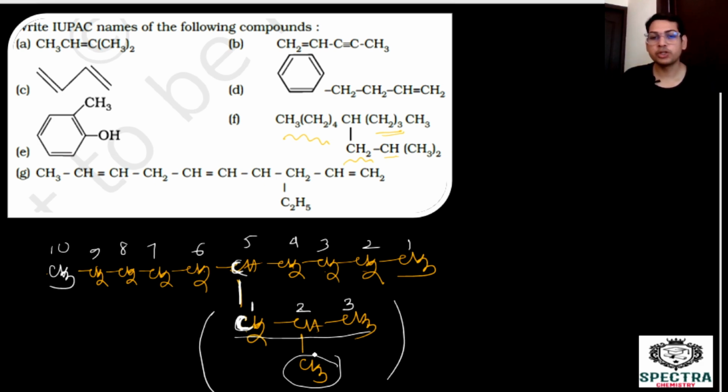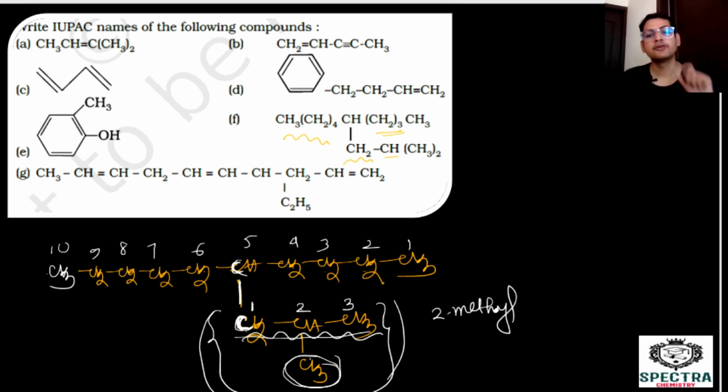So at 2 position you are having a substituent. If I only name this substituent part, the name will be: at 2 position you are having methyl, and total 3 carbon. So 2-methyl propane can be the name of the substituent.